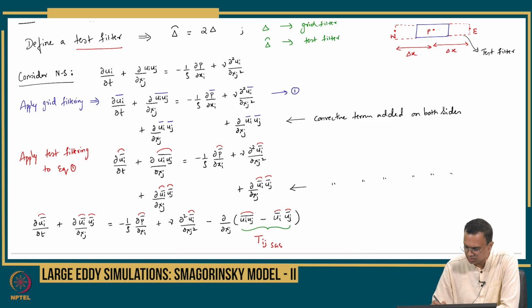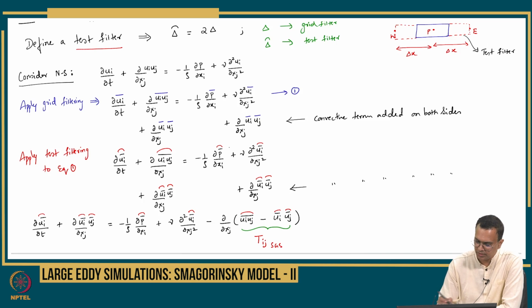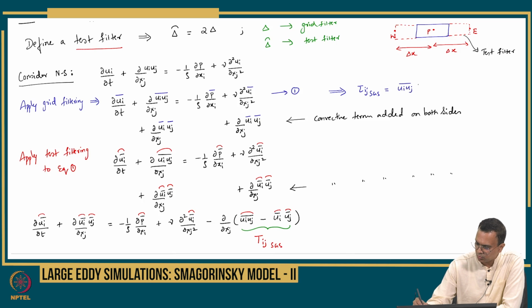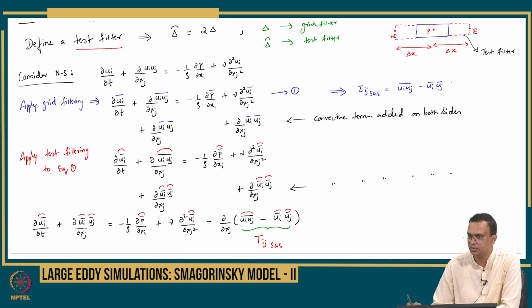But what is this particular ui uj over bar? If I go and look into equation 1 where we added the two convective terms, if I rearrange here, the right hand side part tau ij SGS, we already know tau ij SGS, by moving one term to the right hand side I would get ui uj over bar minus ui bar uj bar. This is your SGS stresses, right?